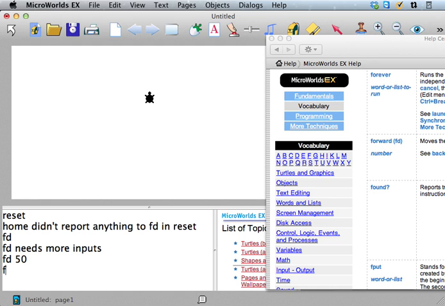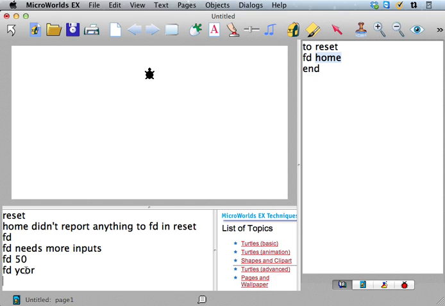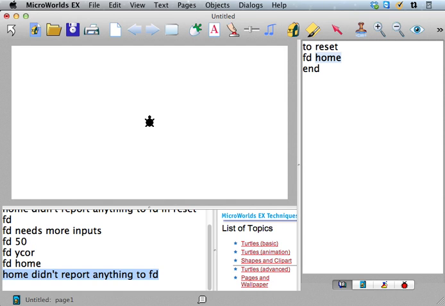Or you could say FD YCOR, and that works. The reason FD YCOR works is because YCOR is a reporter. It reports a number to FD.